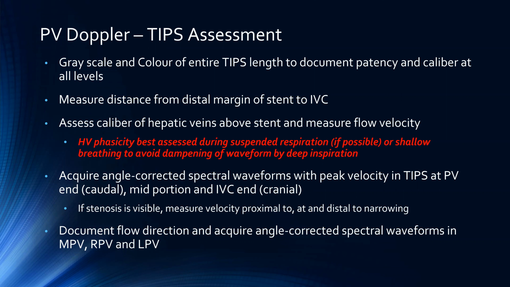So that can be done at the same time as measuring the vessel caliber. If stenosis is clearly visible at grayscale, the velocity should be measured at the level of the maximal narrowing and then distal to it as well.